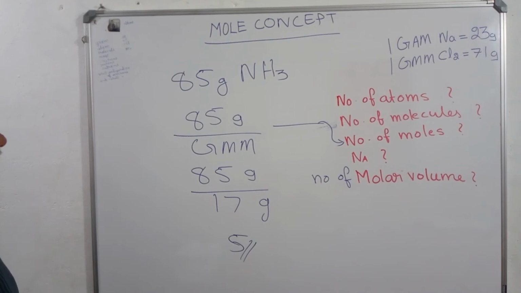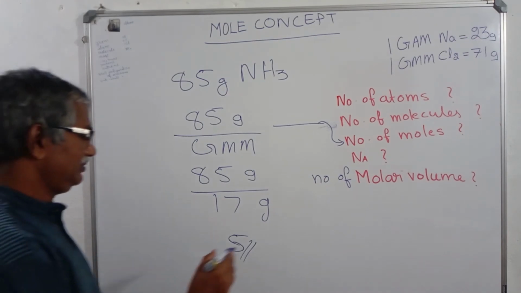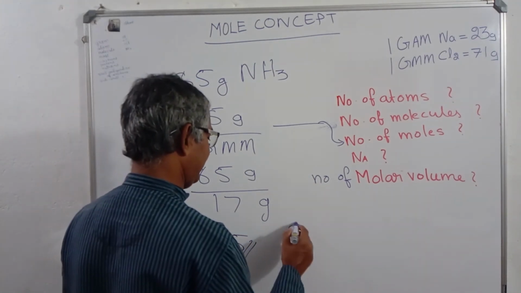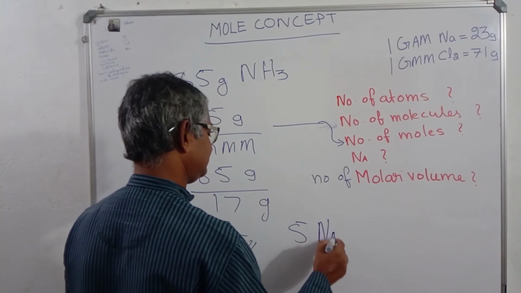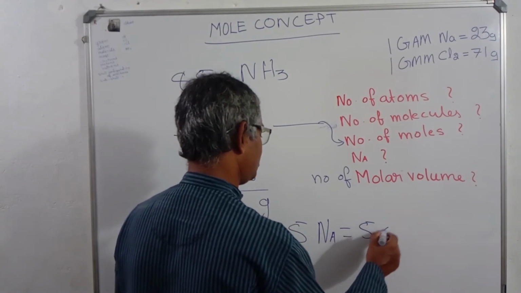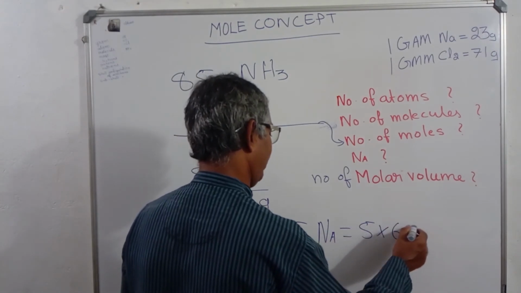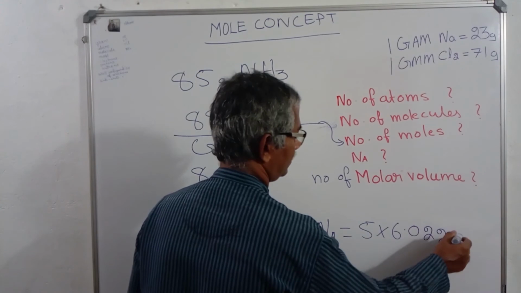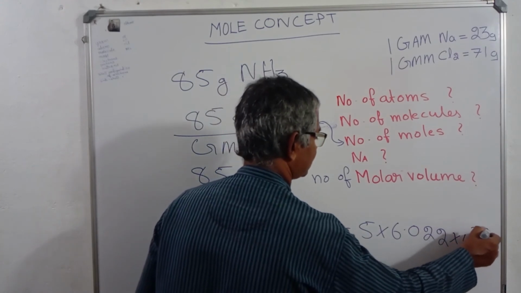So how many Avogadro numbers? Which is equal to 5 Na. If you are explaining it, 5 into 6.022 into 10 to the power 23 molecules.